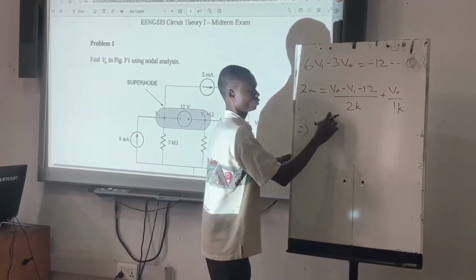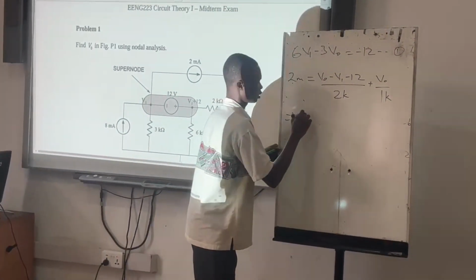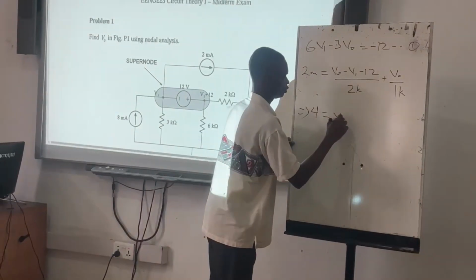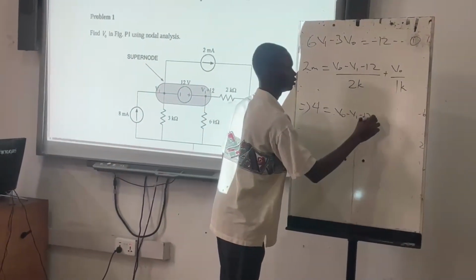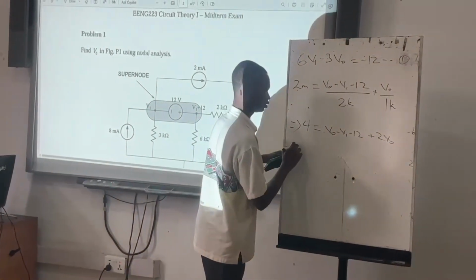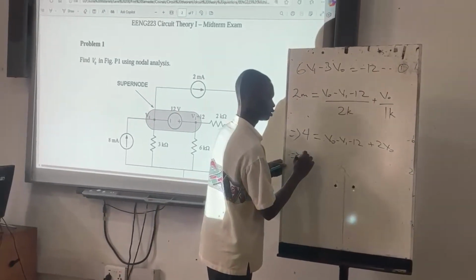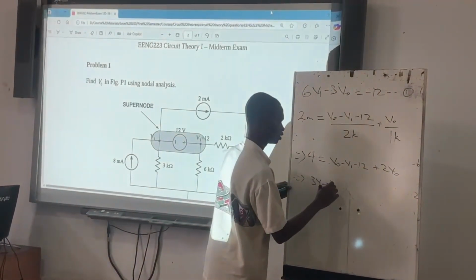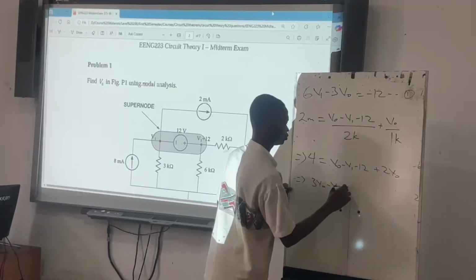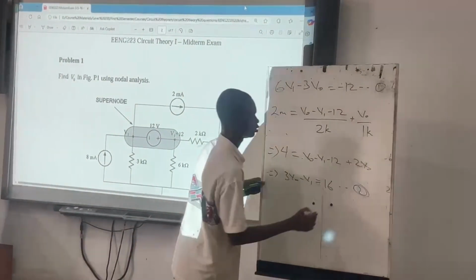So we multiply 2 by 2 kilo ohms, and we're going to get 4 equals V0 minus V1 minus 12 plus 2V0, and this is going to give us 3V0 minus V1 equals 16. And we get this as equation 2.